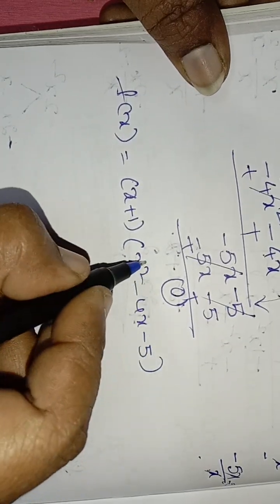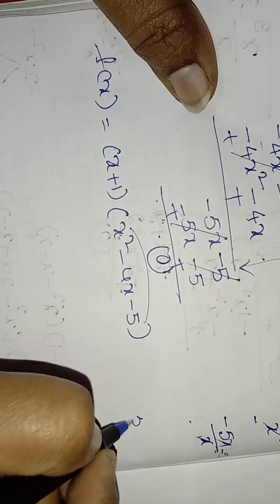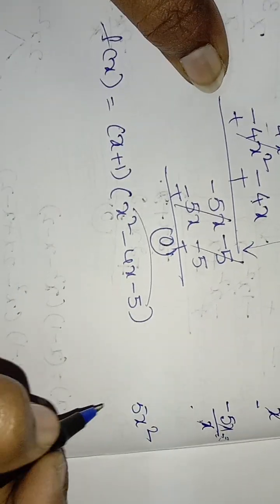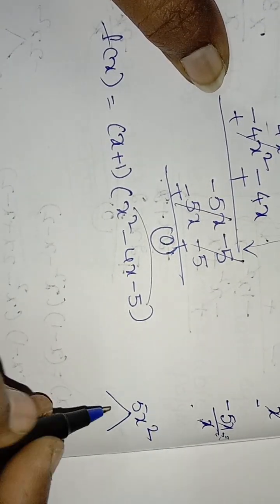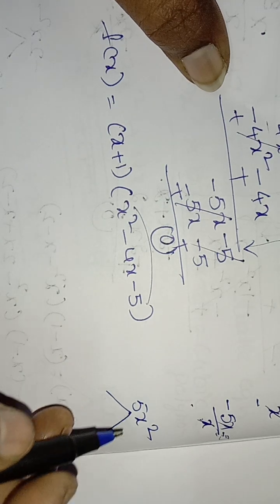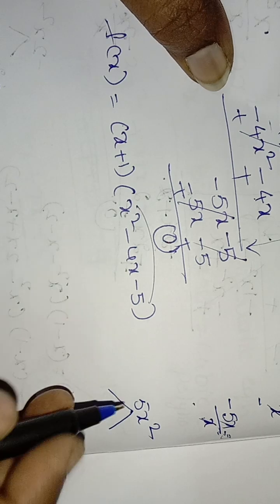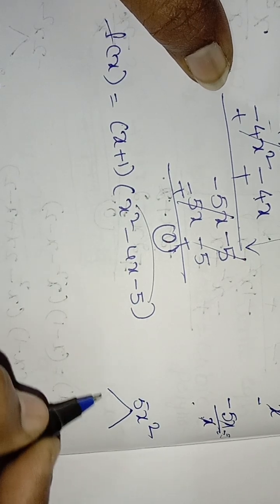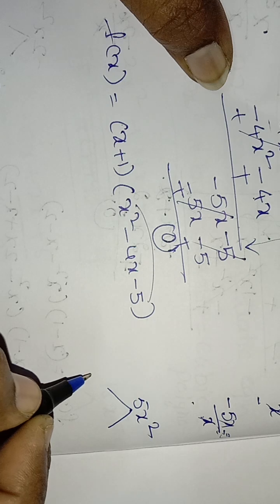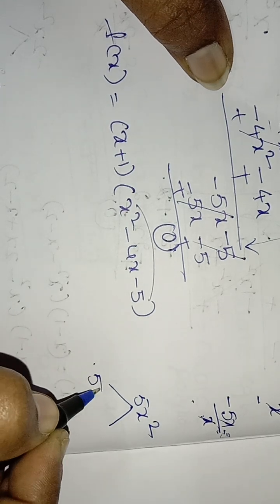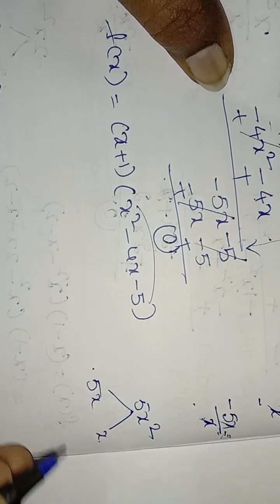First you have to multiply these two terms, means you will get 5x square. Find the factors of this one. If you add these two terms, it should be equal to minus 4x. So we have only one, it is a prime number, 5x into x, only left.